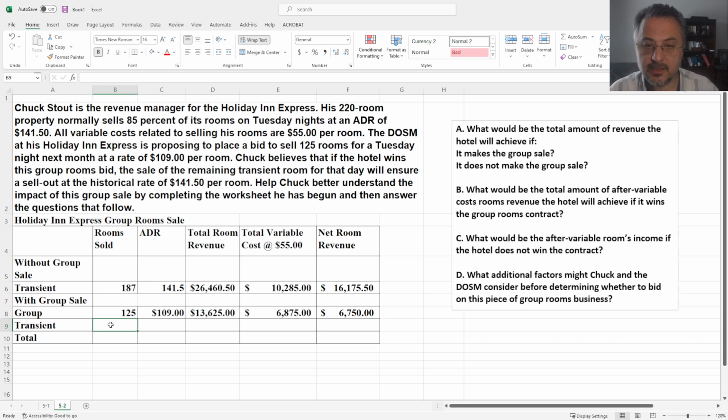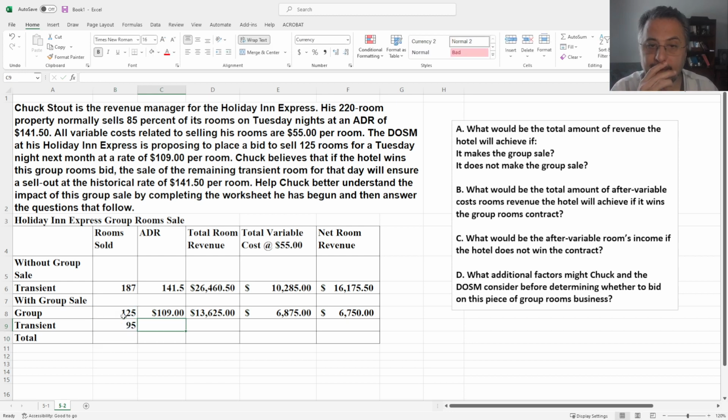Now, for the transients, Chuck believes that if the hotel wins this group rooms bid, with the sale of the remaining transient rooms, they will ensure a sellout. Basically, they're going to sell all the rooms because we have a 220 room facility. So you can write it down, or you can just do 220 minus the group rooms, which leaves 95 rooms.